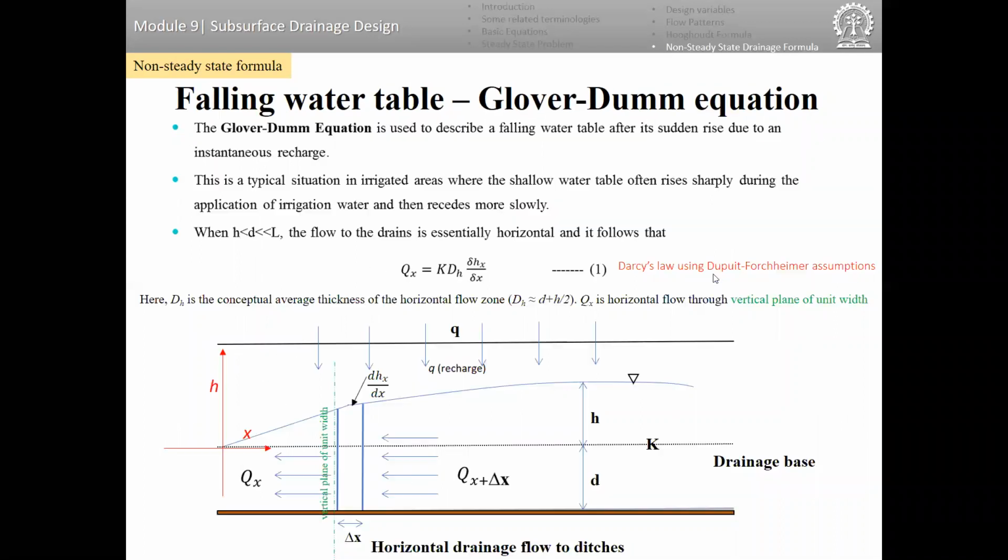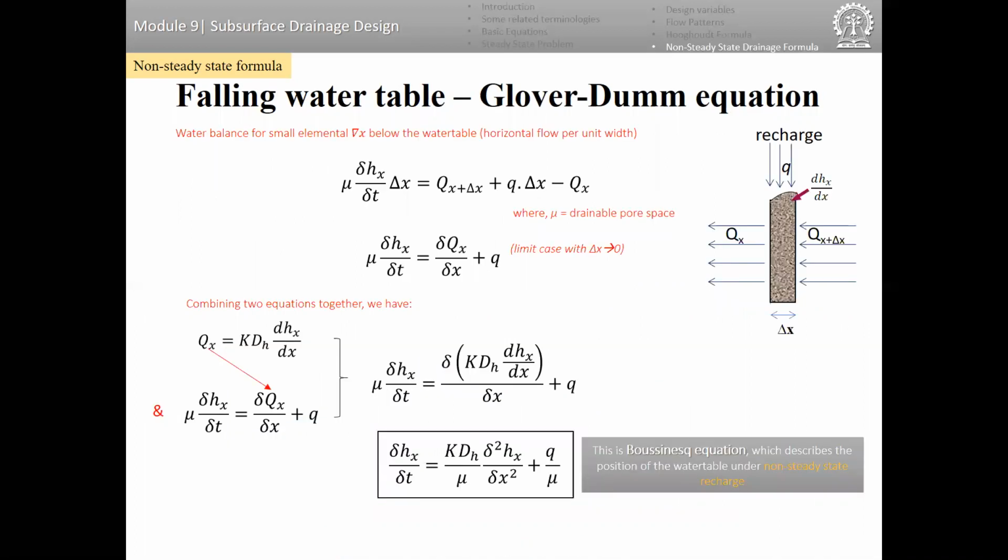So if we are considering this portion, on the right hand side the horizontal flow is Qx plus dx, and on the left hand side you have Qx. Within this portion you are receiving recharge, denoted by q multiplied by this delta x.